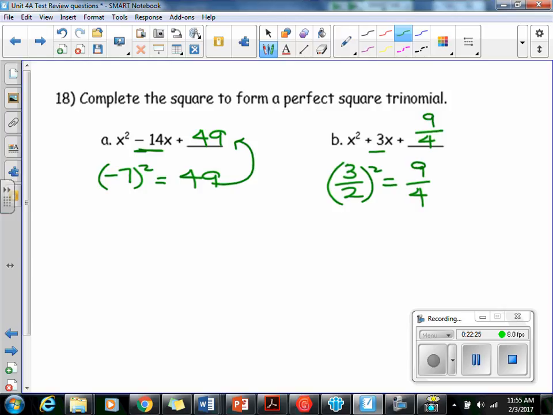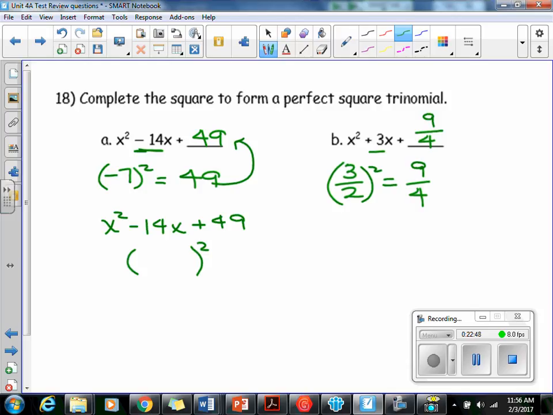The thing that you need to remember is once you've created the perfect square trinomial by completing the square, these things factor very easily. If I wanted to factor the x squared minus 14x plus 49, remember I told you it's going to factor to give you two of the exact same things. It would be wrong if you don't use fractions.